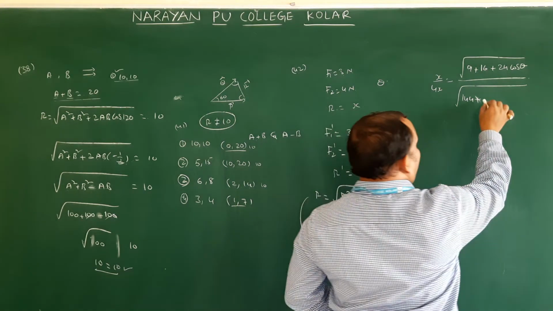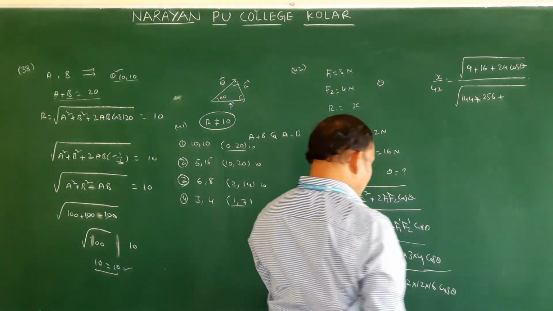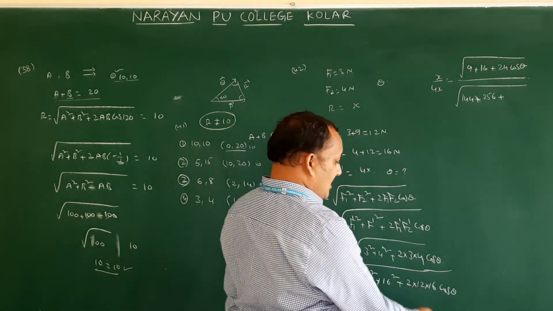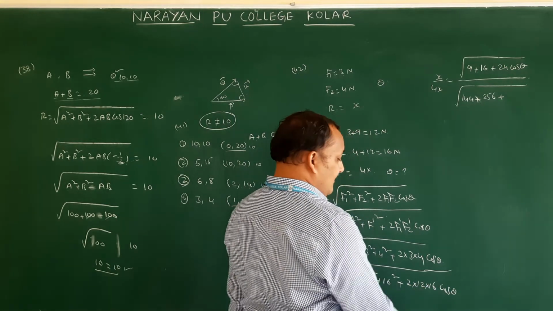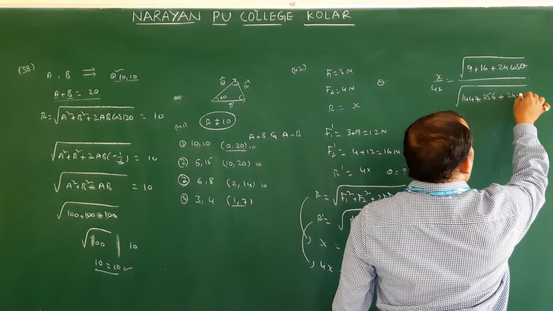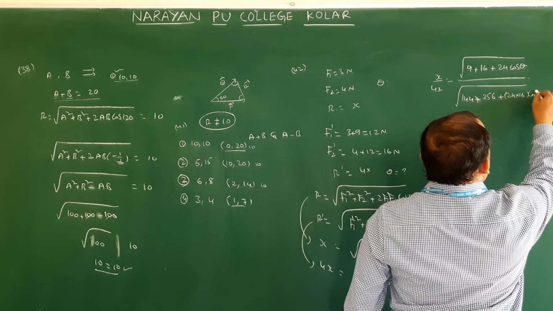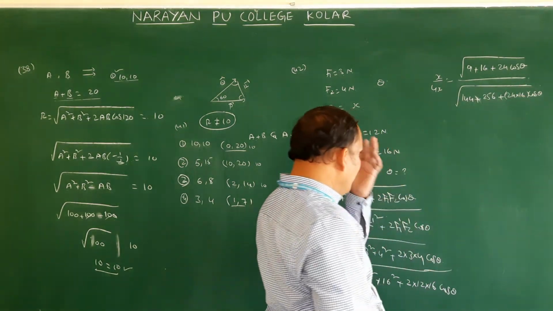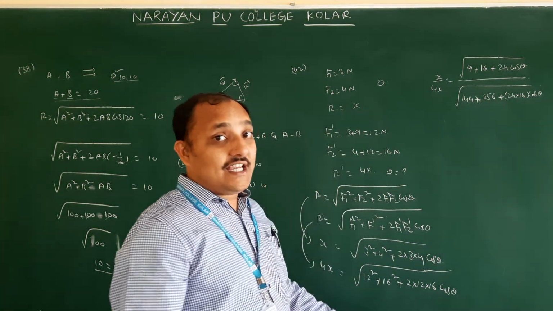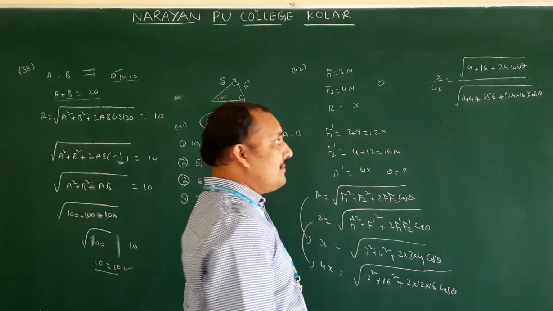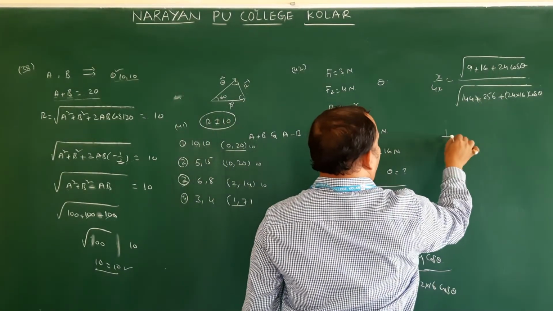144, plus 16 16s are 256, plus this one you can multiply: 2 into 12, 24, 24 into 16 cos theta. Next time we will multiply. So 1 by 4. You should not use a calculator because they won't allow a calculator in competitive exams.